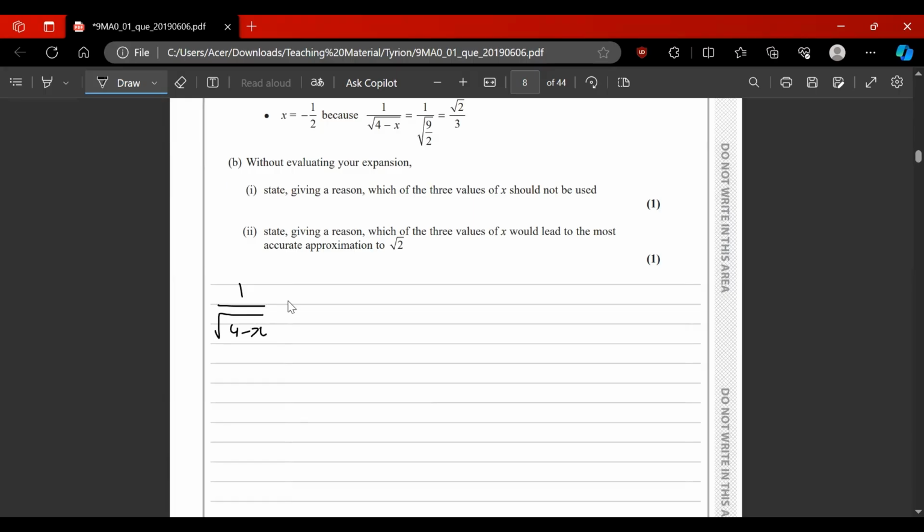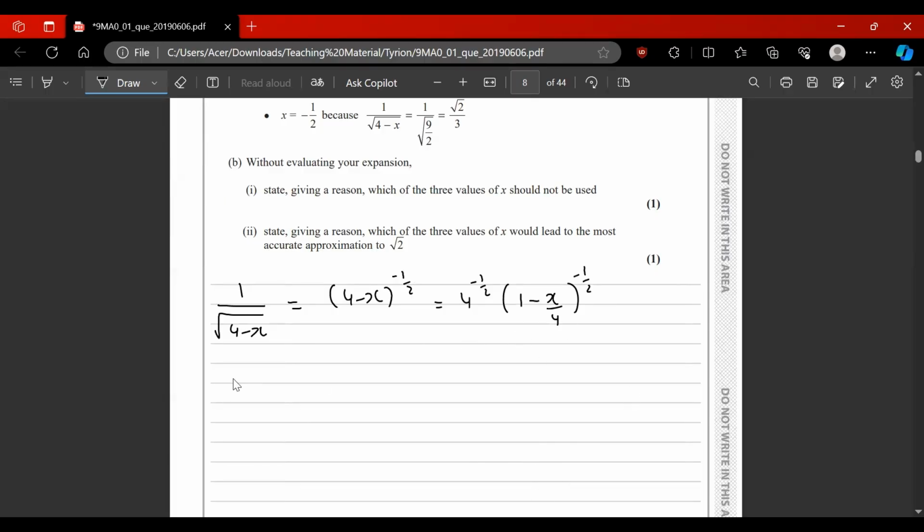You can rewrite this as 4 minus x to the power negative half. And then if you take 4 to the power minus half out as well, what's going to remain inside the brackets is 1 minus x over 4 to the power minus half. So it's important here that when you take the 4 out, its exponent is also minus half.